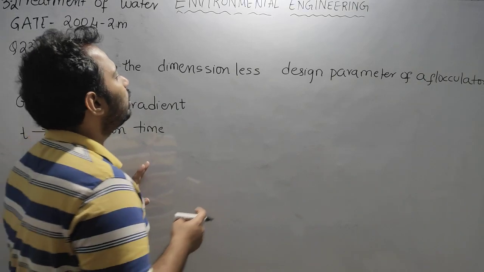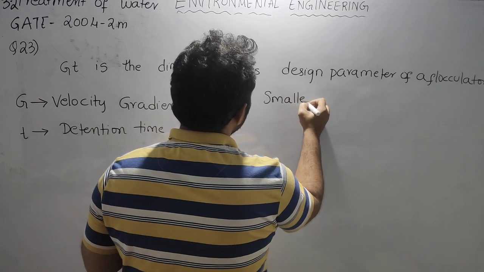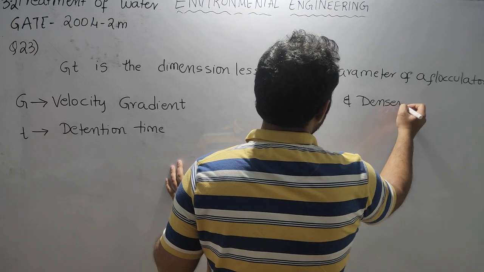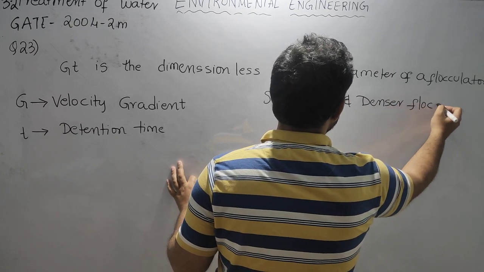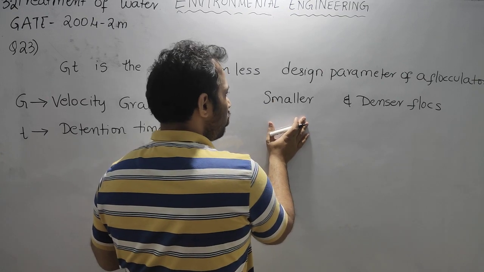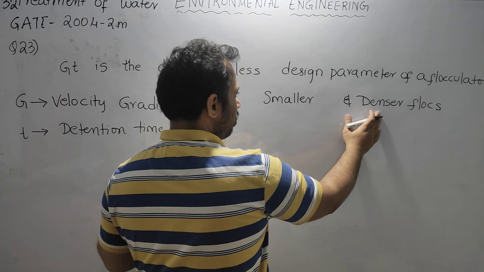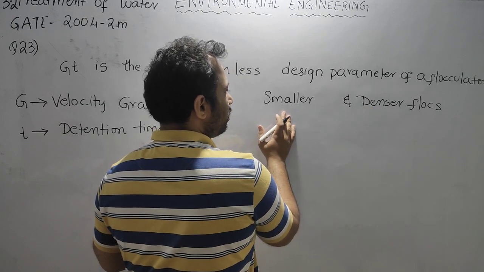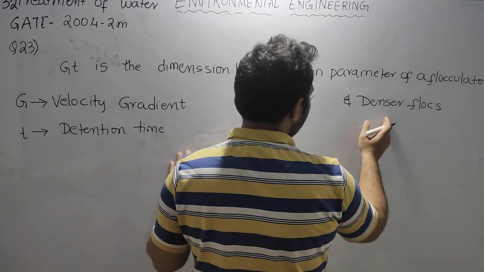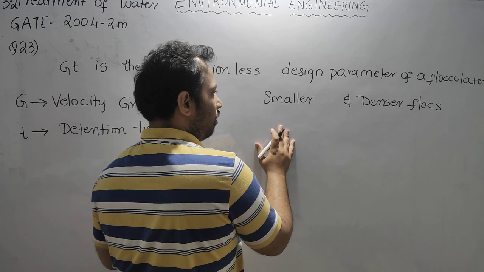So here the thing is, we wanted to produce smaller and denser flocks, as I told already. G will decide the density of the flock. Size will be decided by the t. So if G is more, denser flock will form. If time is more, larger flock will form.